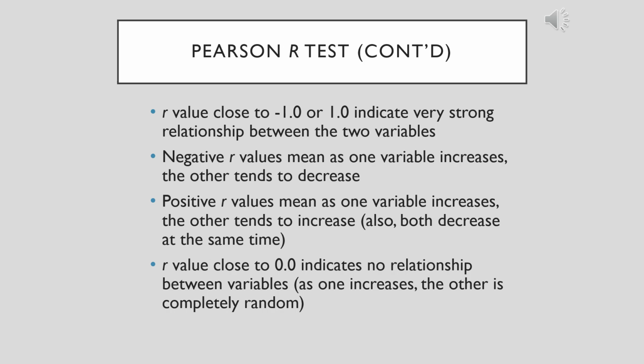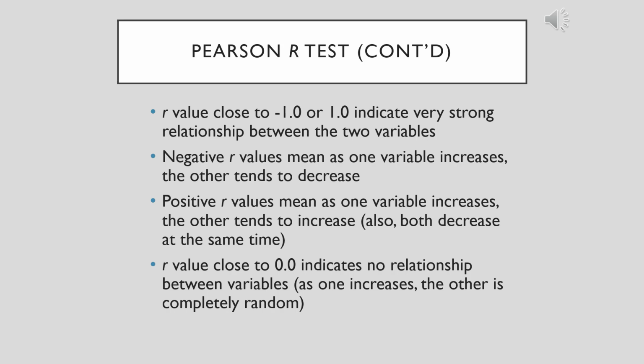Negative R values, negative relationships, mean that as one variable tends to increase, the other one tends to decrease, versus positive R values mean that as one variable increases, the other one also tends to increase. You could say they both decrease at the same time and they both increase at the same time, because that's the same thing on a continuum, right?